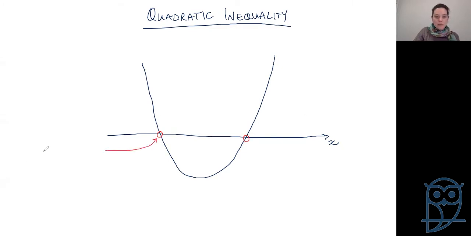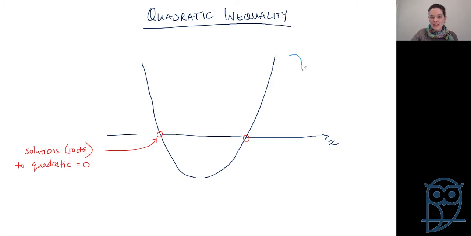So these are the solutions or the roots to the quadratic equals 0. But we also have this sort of above and below the x-axis thing going on. And that's where our inequalities come into play.